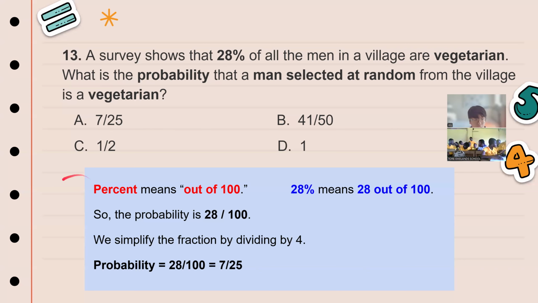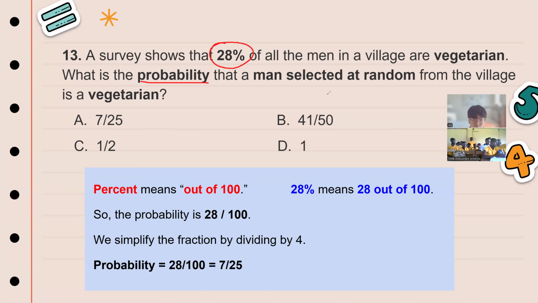So if you've maybe read through this hint, the answer is A for this one because it says to find the probability. And we're given that 28% of the men in the village are vegetarian.